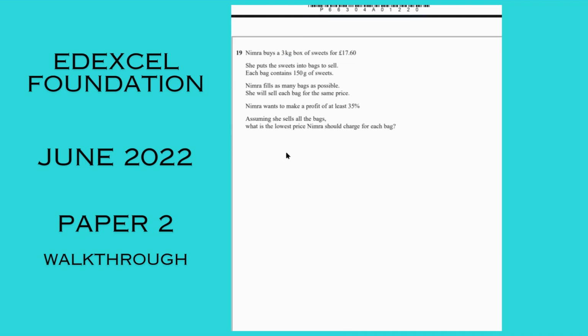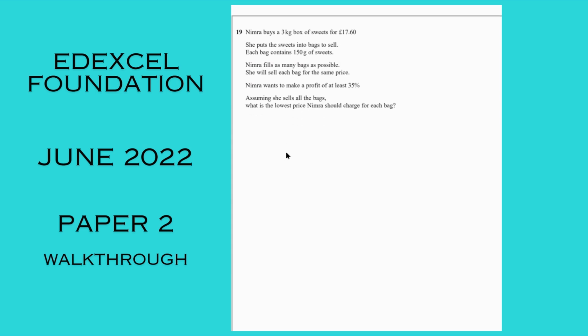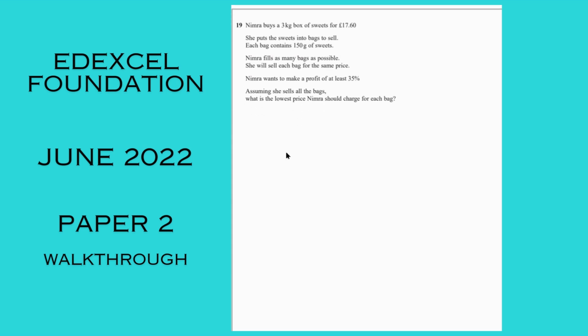Very wordy for number 19. So, 3 kilograms. First thing to note, alright, it's got kilograms and grams, so I'm going to just start straight away and go for grams.